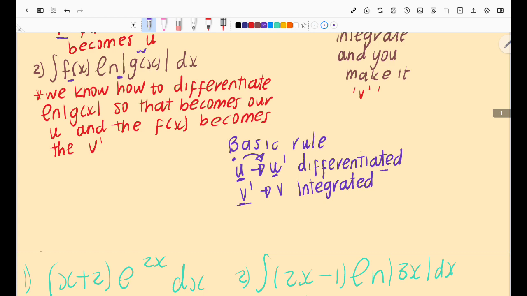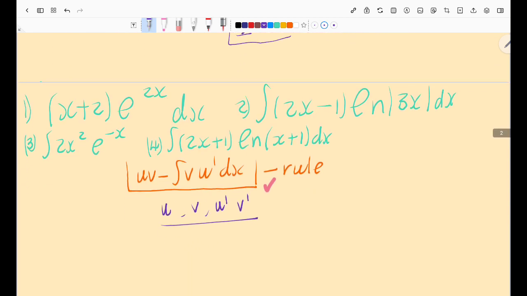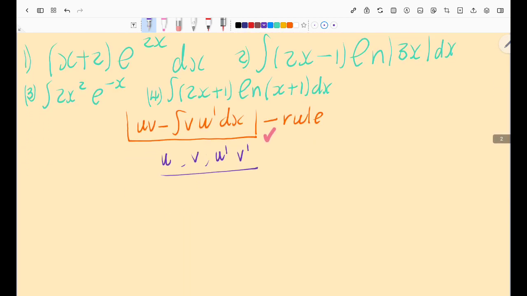And then you find the one that you can integrate, you make it v1, right? And then you integrate it and you find the v. Now you're going to have 4 variables, right? And you'll see how we use those. So let us look at 4 examples that I have. So with integration by parts, this is the rule or the formula that you're going to be using, all right?